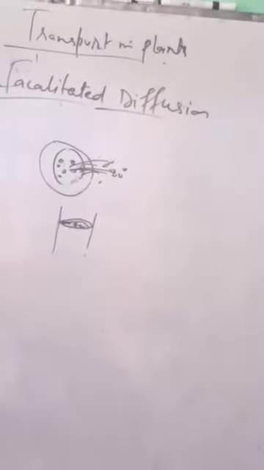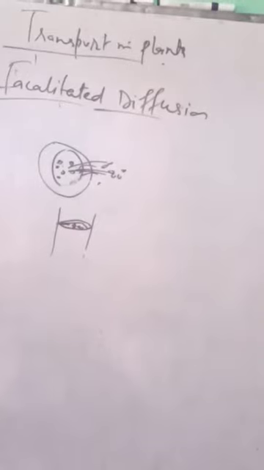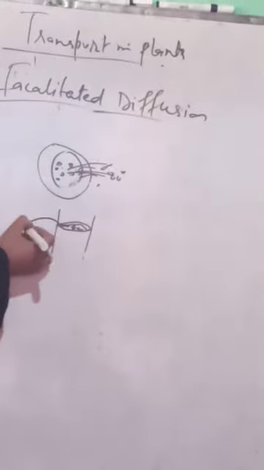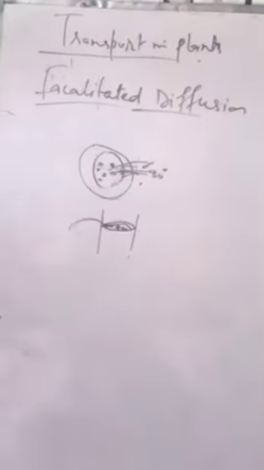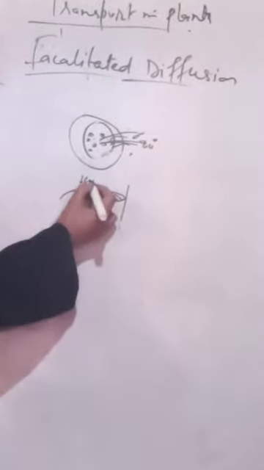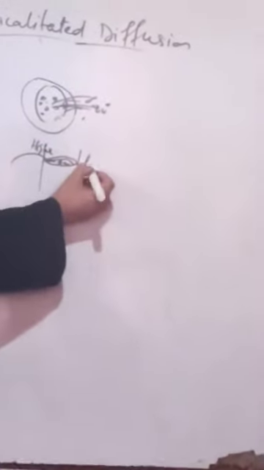When these molecules take their place, the membrane protein will become saturated. Saturated means it has taken the maximum number of molecules which it can carry. So the movement will be from higher to lower.